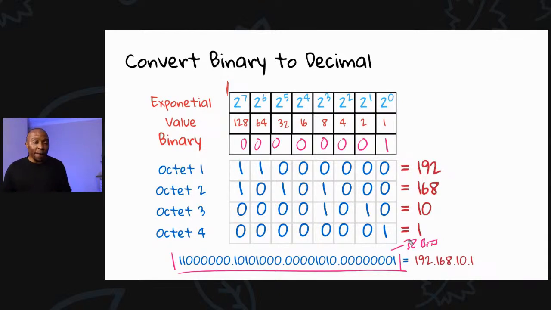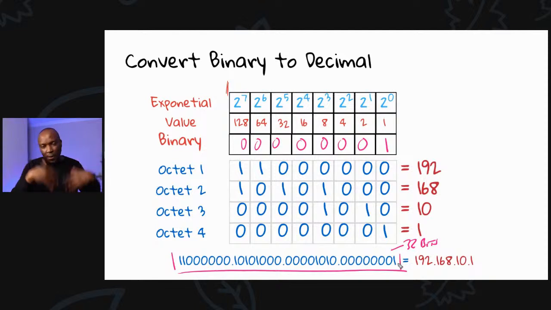You should be comfortable enough that if someone gave you the binary value, you should be able to convert it back into decimal. Whilst it might seem complex, it's straightforward, because all you need to do is split that binary number into 8-bit chunks, and you're going to have 4 8-bit chunks or 4 octets, and then you convert each octet into decimal, and then you get your IP address.